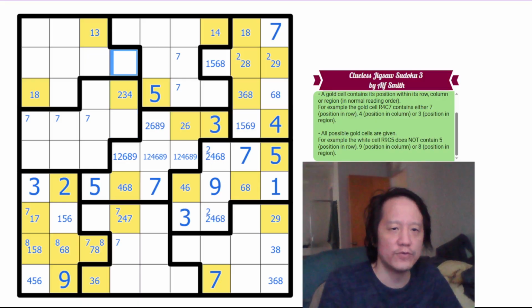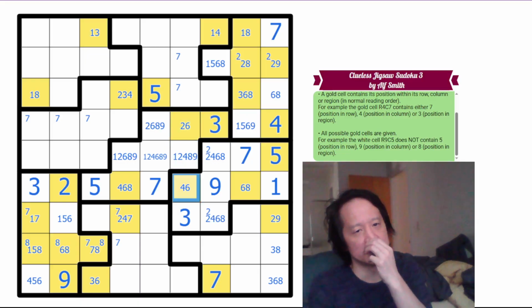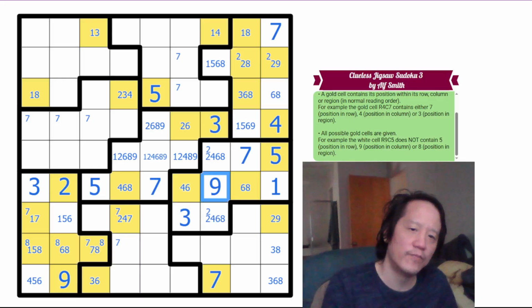This is column 4, this is row 5, and 4th in its position. This is 5. 5, 5, and 5. This is 6, so it can't be 6th. And row 5, position 6, so that's fine.